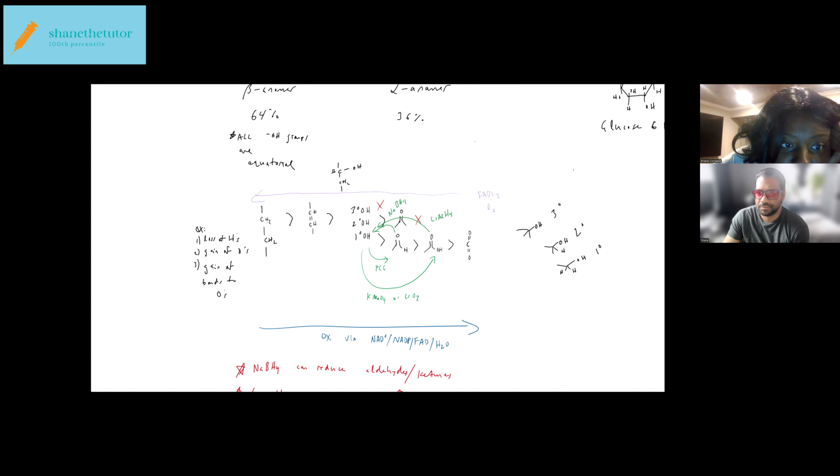Oh, it has to be the primary hydroxyl that could eventually be oxidized into CO2.